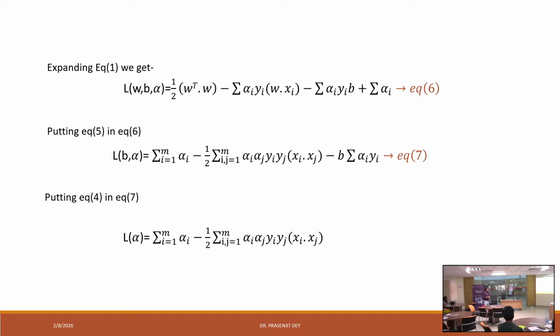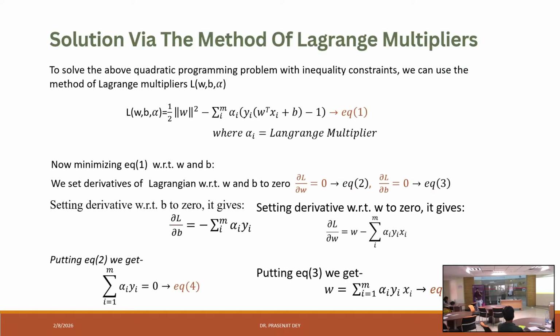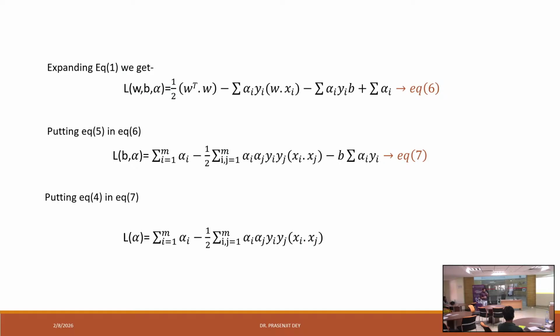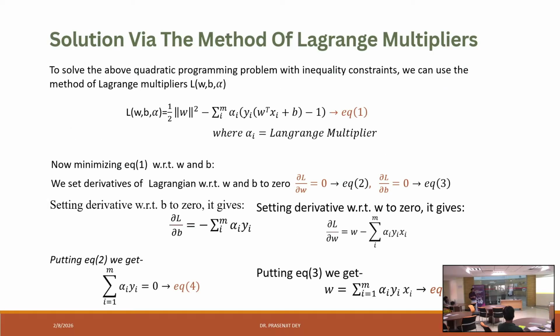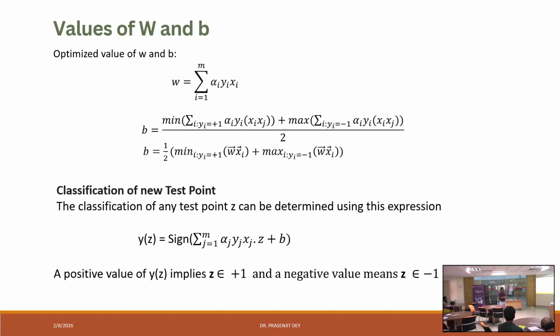If I go to that equation 5, if we know the value of alpha, we can get the value of W. So this is the dual problem in support vector machine, where if we know the alpha, we can recover the W, but not vice versa. If you know W, you cannot identify individual alpha. That is the core concept of the primal problem and the dual problem.